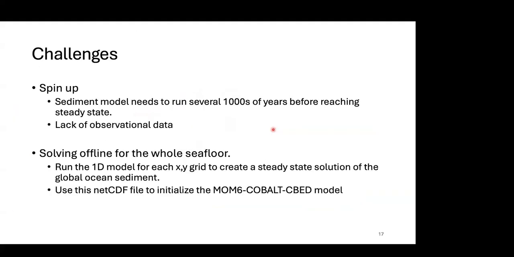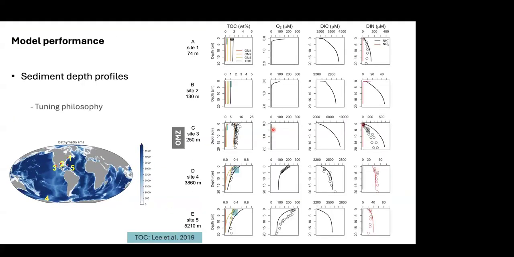I was wondering how you get to this very high concentration of organic carbon that you mentioned, and what type of organic carbon is represented there? I think I see more of a refractory one, the OM3, but could you comment a little bit on that? And then I have another question, but for this one.